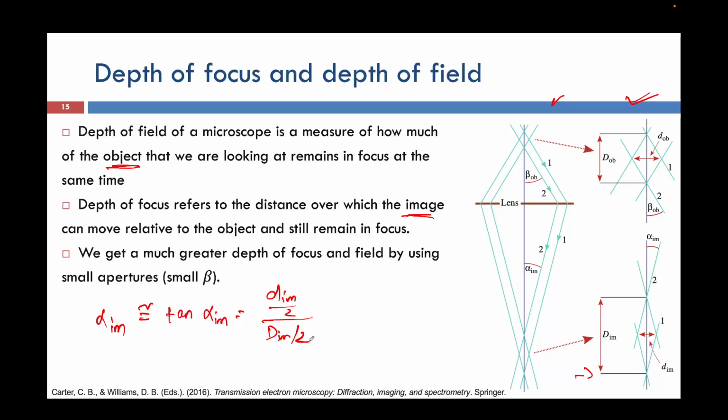In scanning electron microscopy, similarly we can write beta object here, because our object will be here and our image will be formed here. Since it is a small angle, beta object will be close to tan beta object, d ob by 2 divided by d ob by 2.